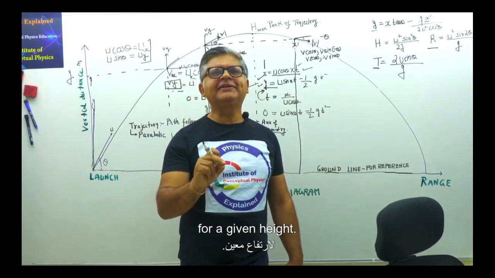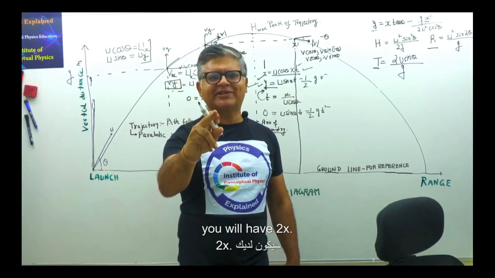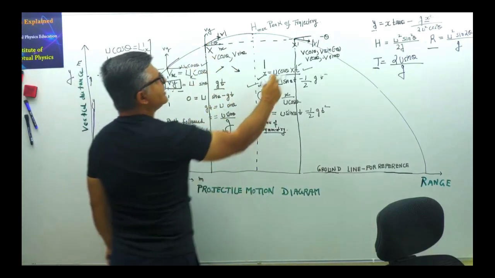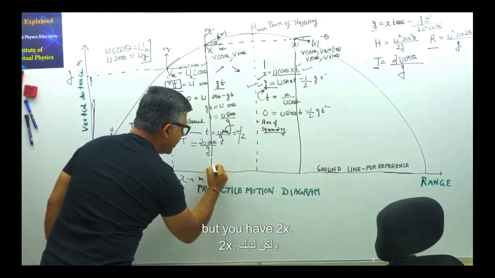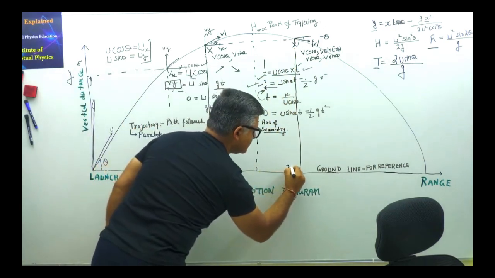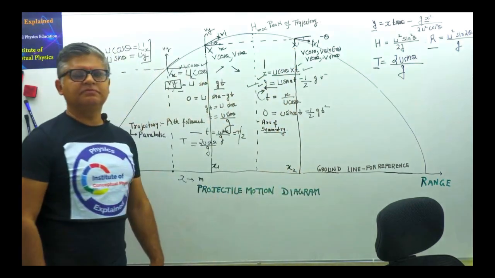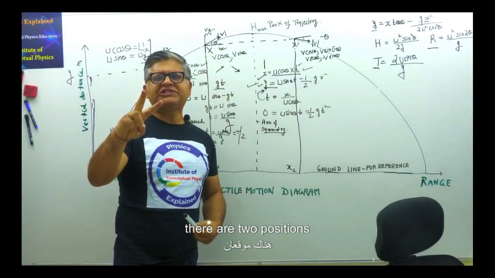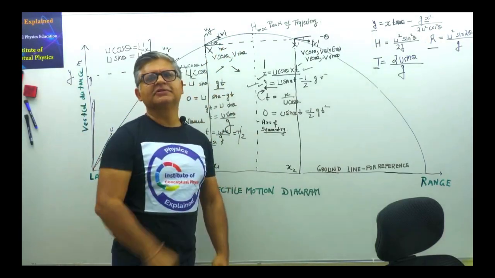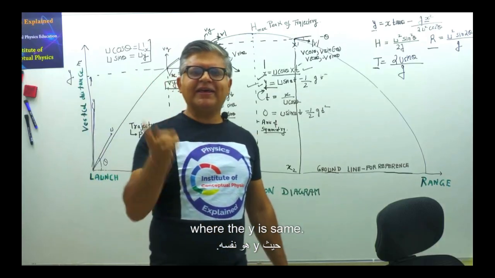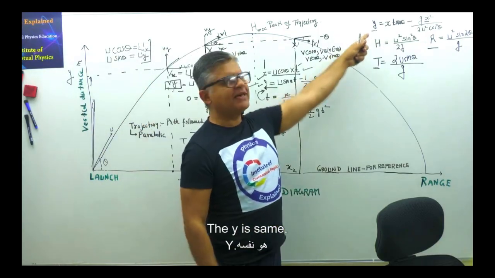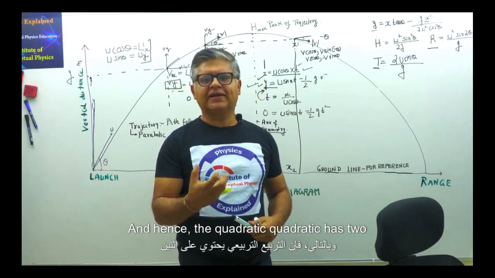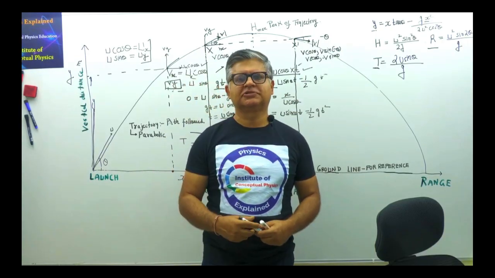This is your y, same y, but you have 2x. About the point of symmetry, there are 2 positions on the x-axis where the y is the same. And hence the quadratic. A quadratic has 2 solutions.